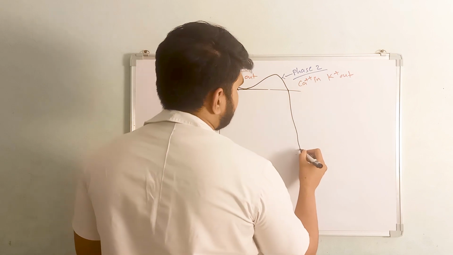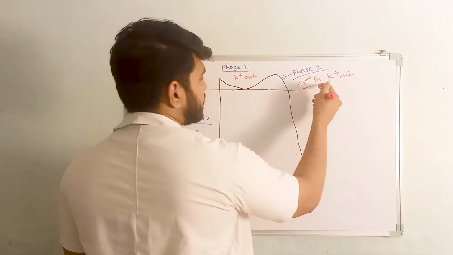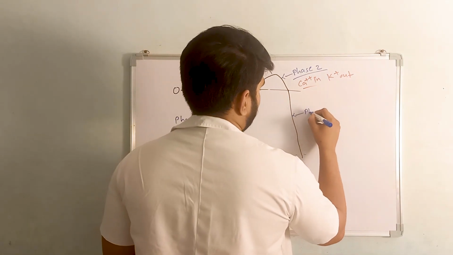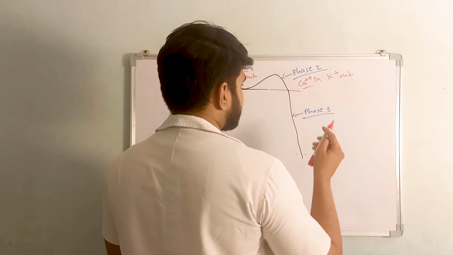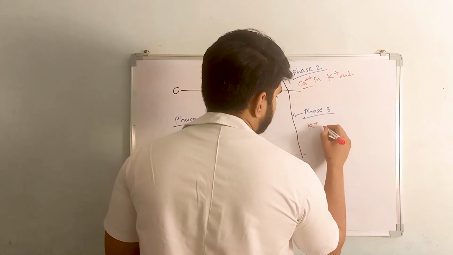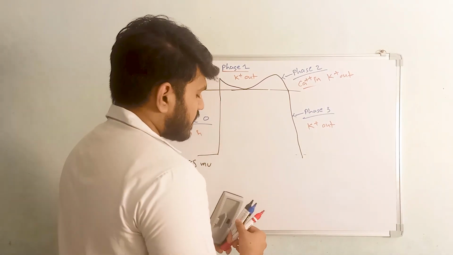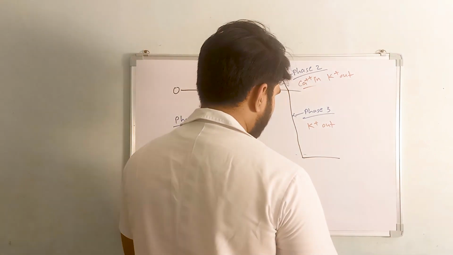In this phase, potassium keeps coming out, but the calcium channel is closed now. So in phase 3, our calcium channel is closed, but potassium keeps coming out, and that's why membrane potential will fall.